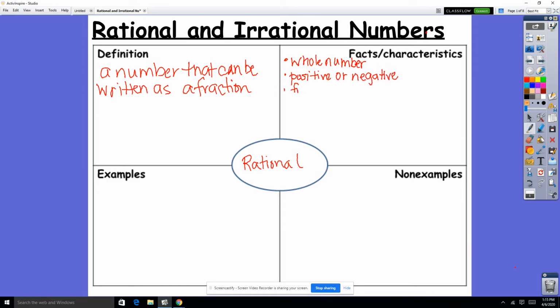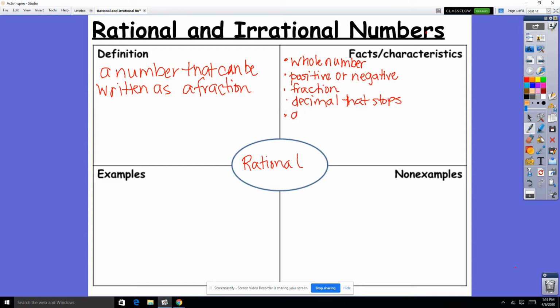It can obviously be a fraction. It can be a decimal that stops. So a decimal that stops would be like 1.4 or 1.25 or 1.6.